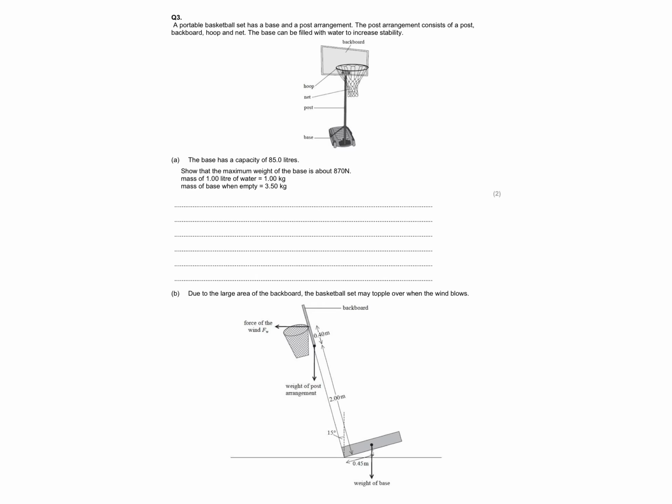For question number 3, we need to show that the maximum weight of the base is about 870 newtons. We're told that we've got a capacity of 85 litres of water, so we're going to have 85 times 1, which of course equals 85 kilograms. We need to remember to add on the base. That's then plus 3.5. So I think some quick maths tells us it's 88.5 kilograms.